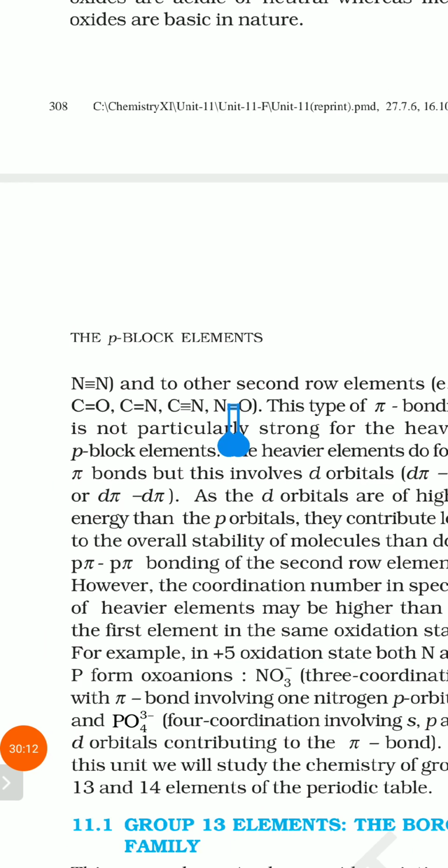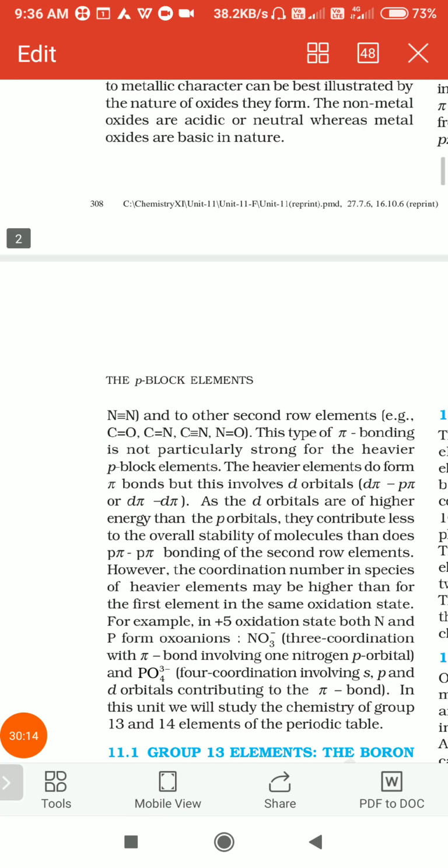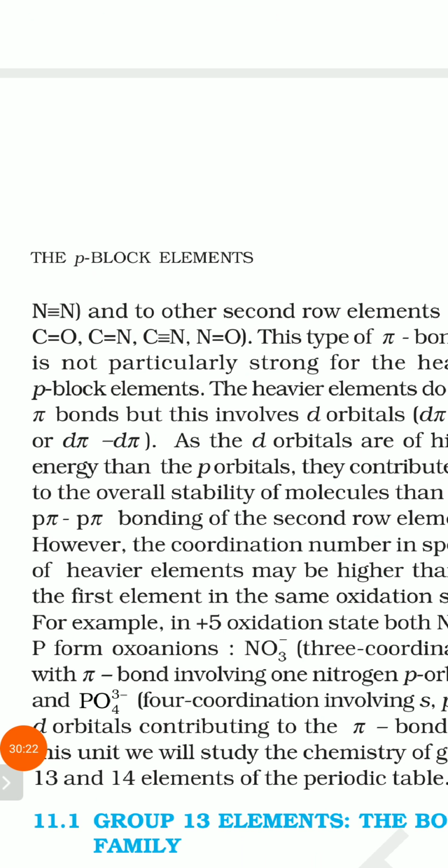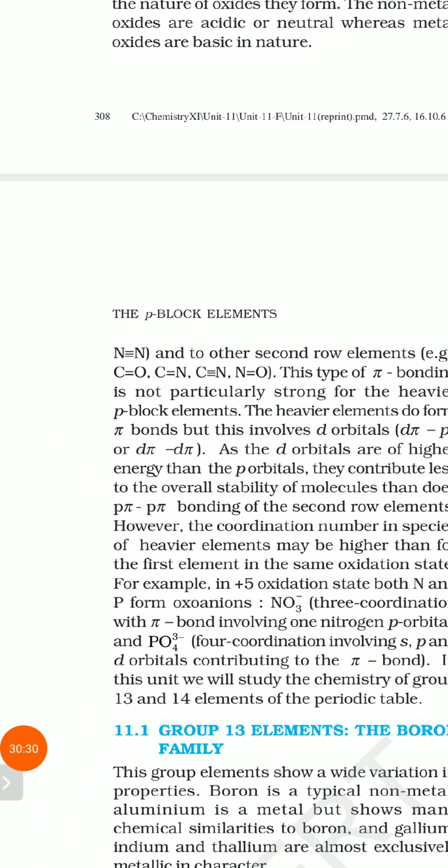Some heavier elements also form pi bonds, and d orbitals can also form pi bonds.